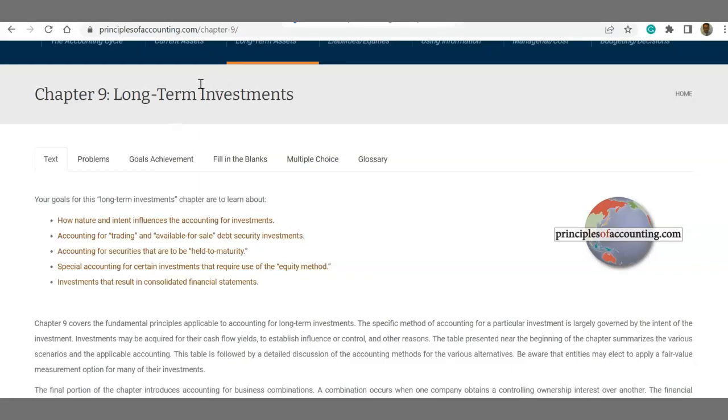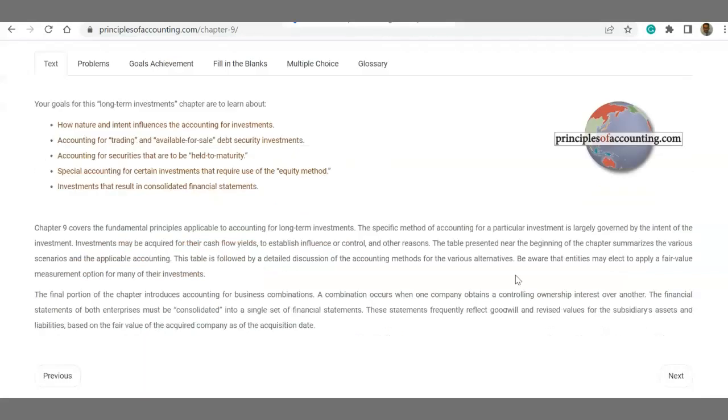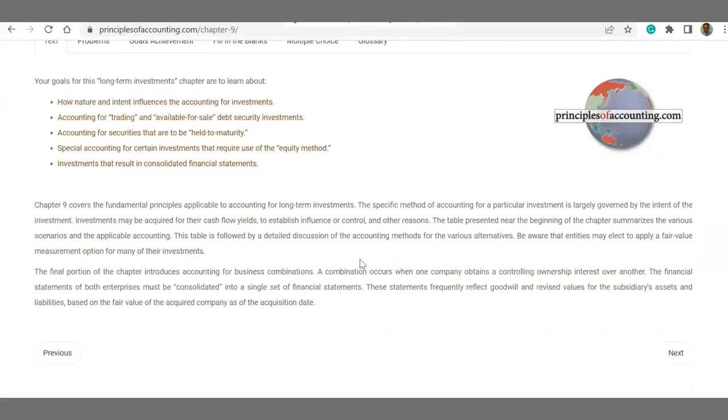So here is the second category of the classified balance sheet in the asset section. Those are how you classify these long-term investments as either trading securities, available for sale securities, or held to maturity securities. So that's an overview of chapter 9.